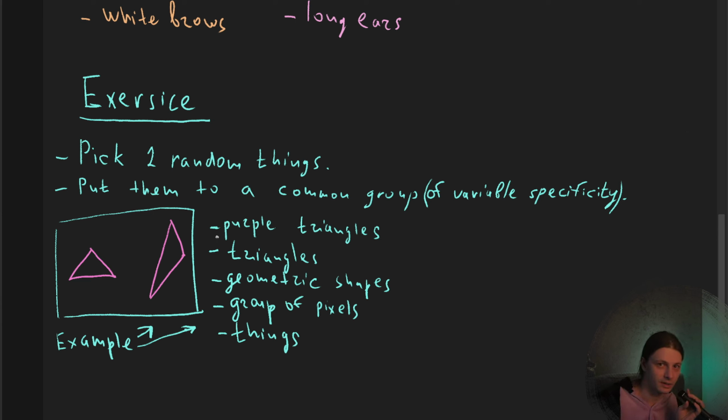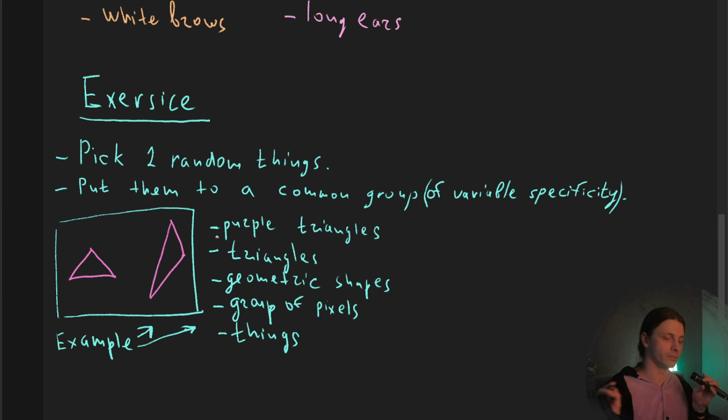So for different things there will be different reasons. I forgot the word reasons. For different things there would be different reasons: why did you put them into the same group, and what allowed you to put these objects into the same group?